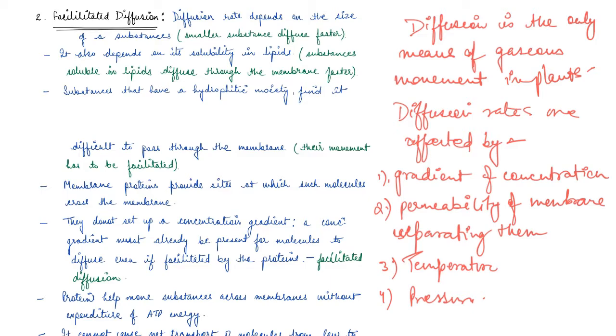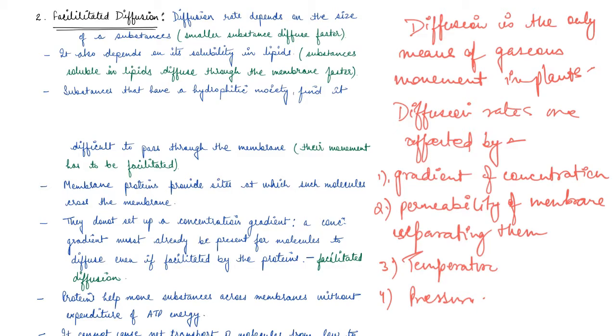Substances which are soluble in lipids diffuse through the membrane faster, and substances that have a hydrophilic moiety find it difficult to pass through the membrane. So their movement has to be facilitated. Membrane proteins are present which provide sites at which such molecules cross the membrane.